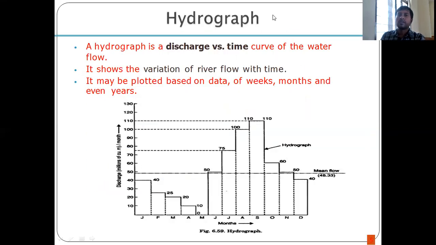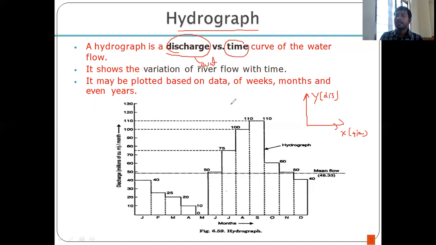Next one, hydrograph. A hydrograph is simply a graph drawn between discharge of the water with respect to time: discharge on the y-axis, and time on the x-axis.